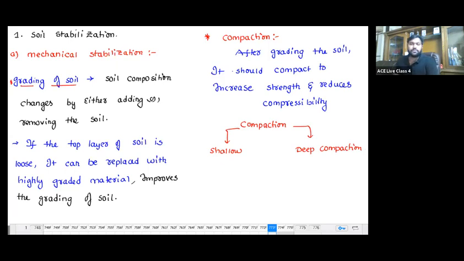The shallow compaction, we are going to do by means of rollers: smooth wheel roller, pneumatic tyred roller, sheep foot roller, all those come as rollers.